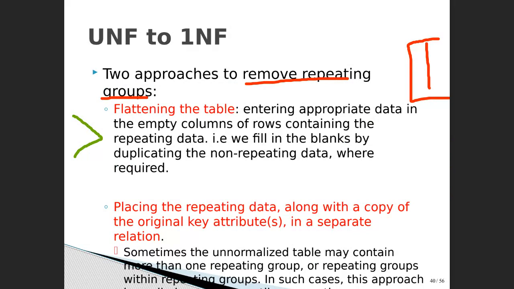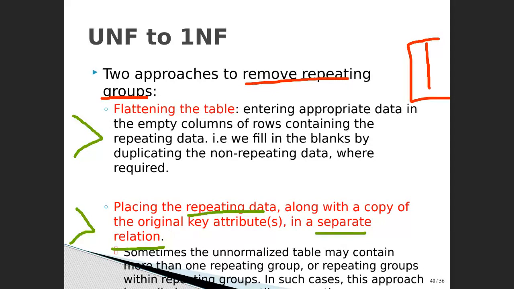Let's talk about the second approach, which is more applicable, and I recommend it. Why? Because we place the repeating group, the repeating data, along with a copy of its original key, which means the primary key, in a separate relation.